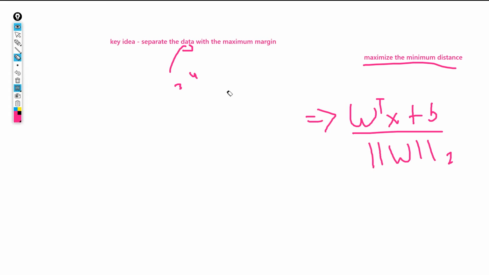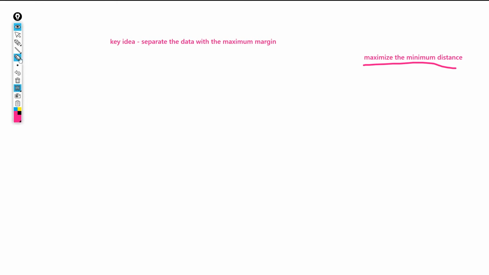So now let's look at the formula that we are going to get, or what we are going to find. Our main aim is to maximize the distance.